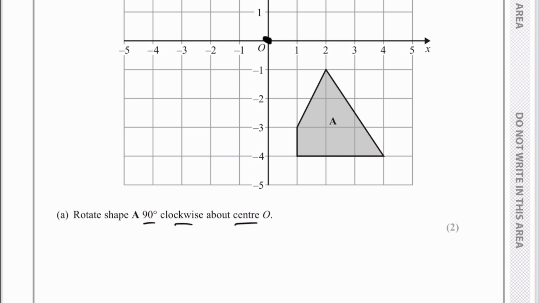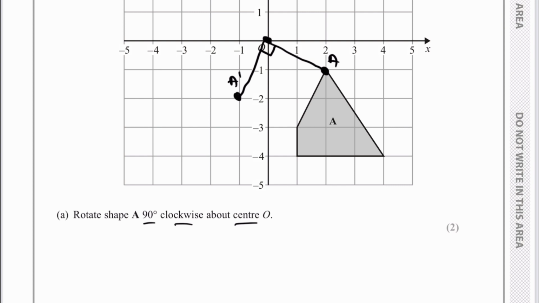However, I'm going to do it slightly differently, because what I'm going to do is create a 90 degrees from that point, and what it means then is I know that point has gone through 90 degrees from there to this point, so therefore I'm going to put that there.